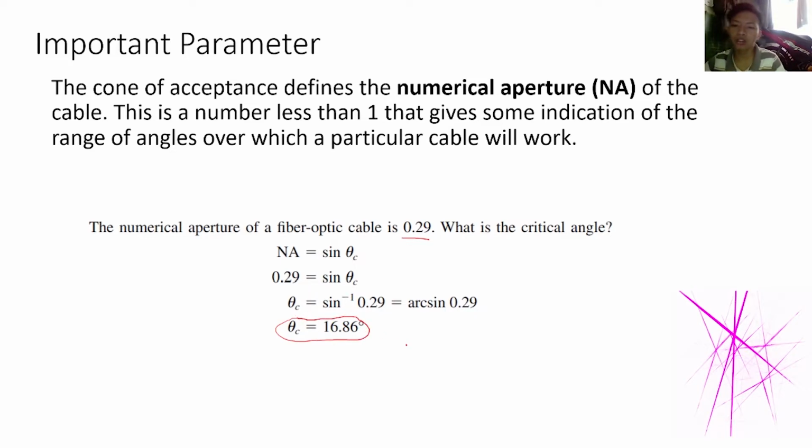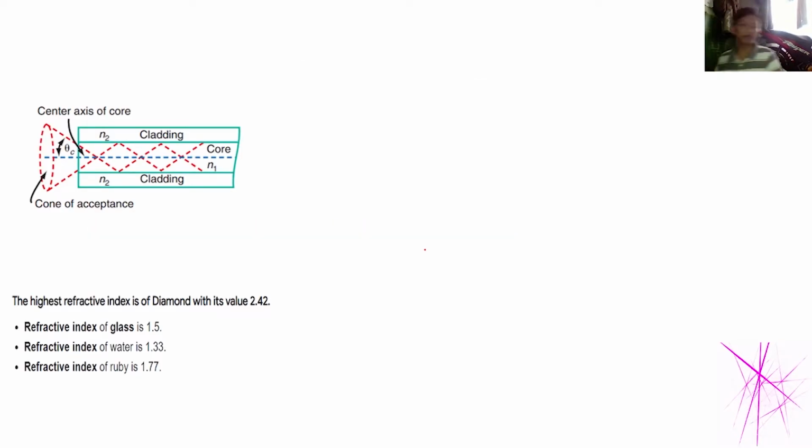So it is also an important parameter that we should consider. Okay, every fiber optic cable has a different numerical aperture, thus a different cone of acceptance.